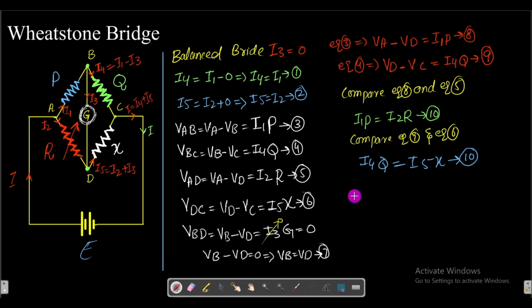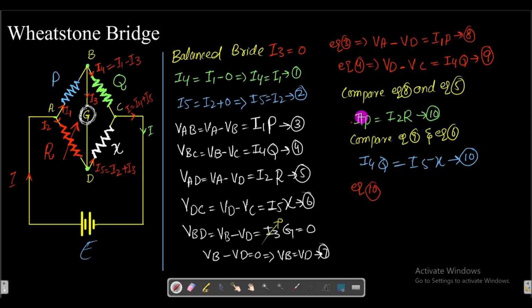And now according to equation 1 and equation 2, let's say we have equation 1 and I'm going to label that. According to equation 1, I1 is equal to I4. So instead of I1, now I will write I4, due to which equation 10 will be modified.